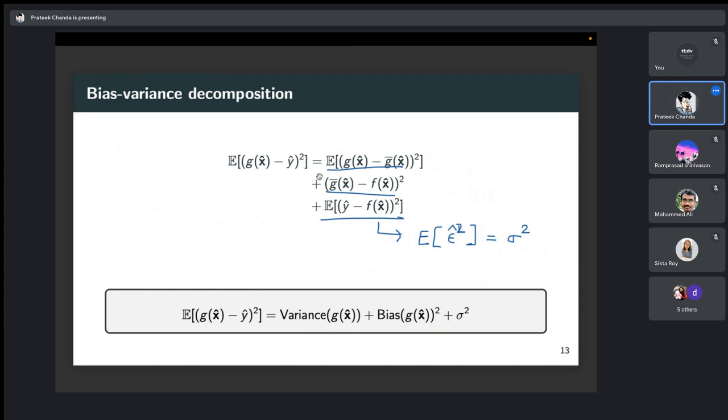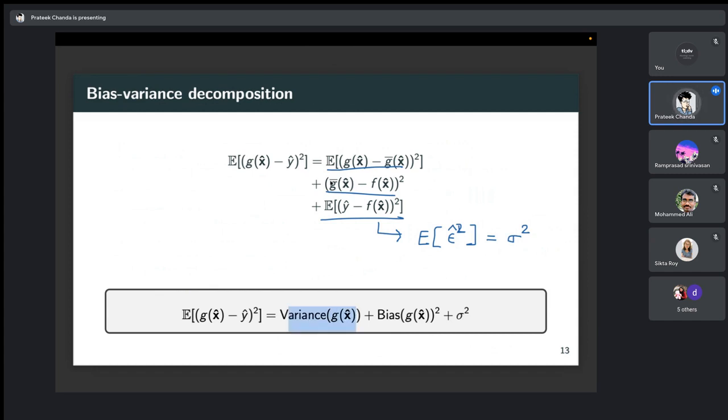So I initially started out with this expectation of g of x hat minus y hat whole square, and what I get now is a sum of three terms. If you see clearly, the first term is the variance of g of x hat, which I have written here.